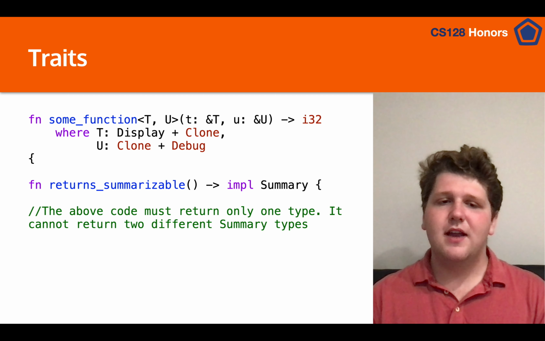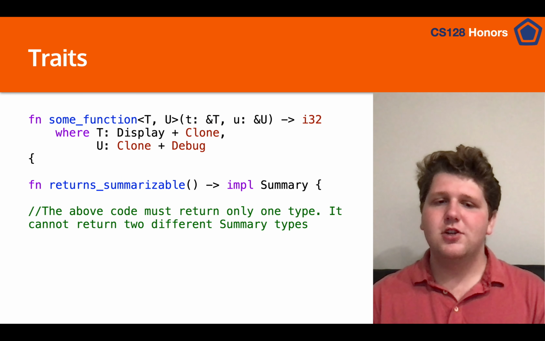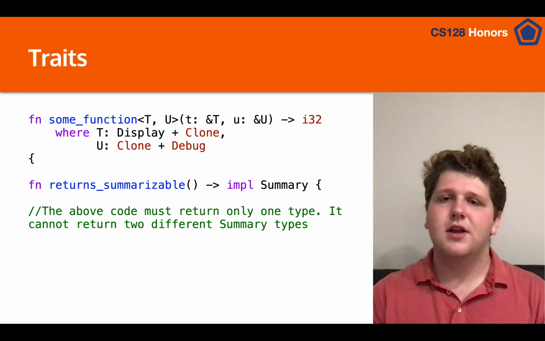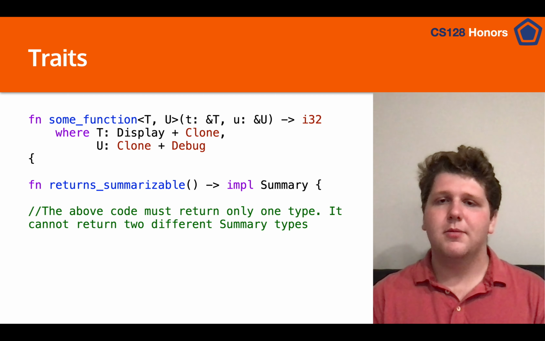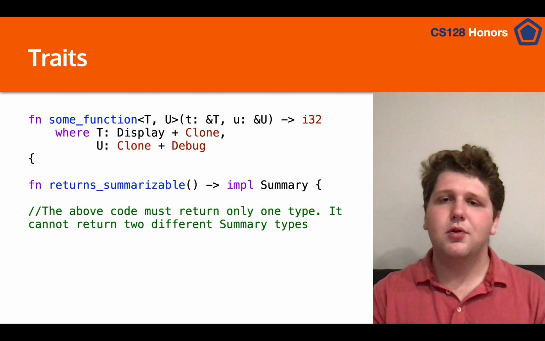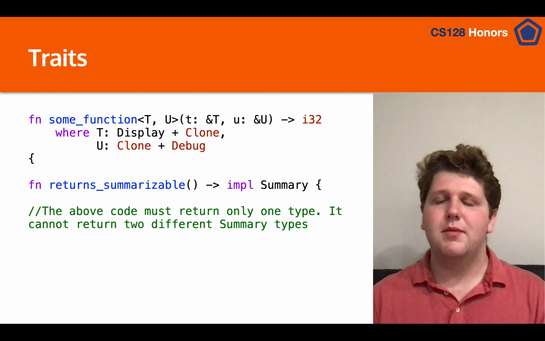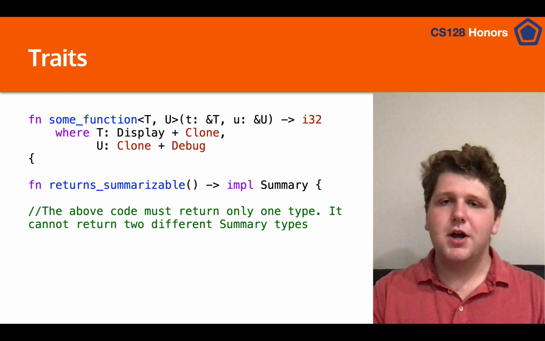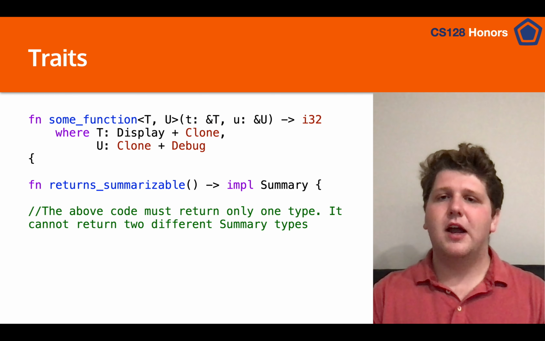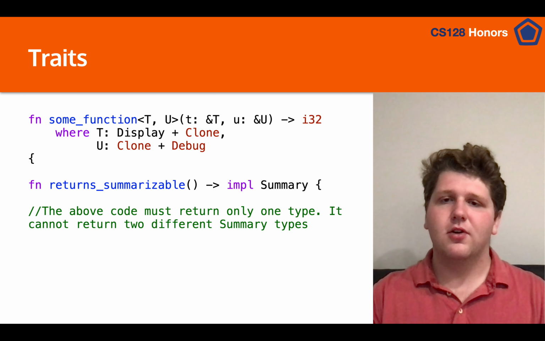And then finally, down at the bottom there, we have a function called returns_summarizable, which will return an object or a struct of some sort that is of trait Summary, right? Now, one important thing to note is that you can return any struct that implements the Summary trait, but that function must only return one type.